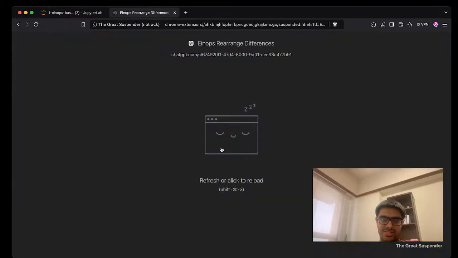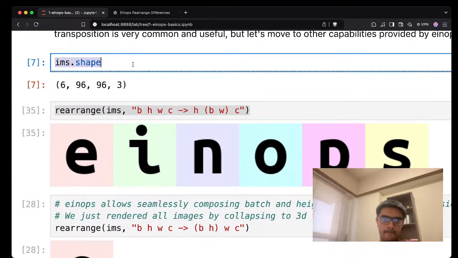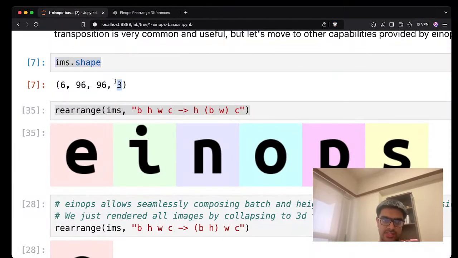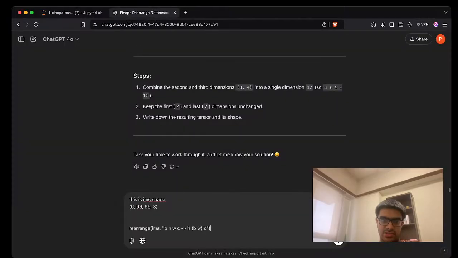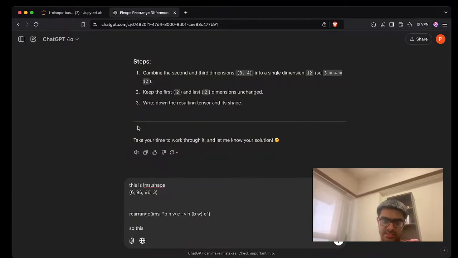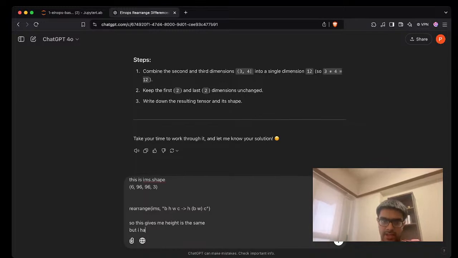So let's go and understand this, right? This is ims.shape, which is 6 times 96 times 3. And then we have rearrange this, which is, right? So this gives me height is the same, but I have 6 times width.